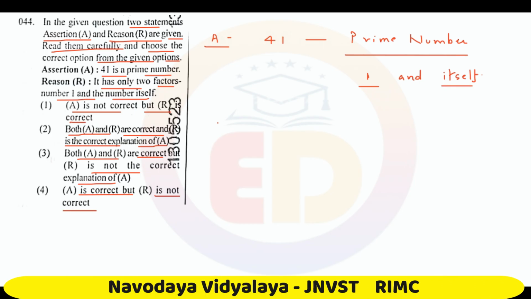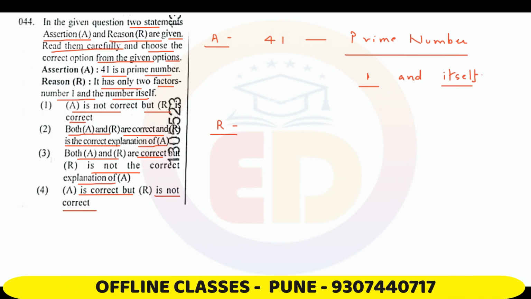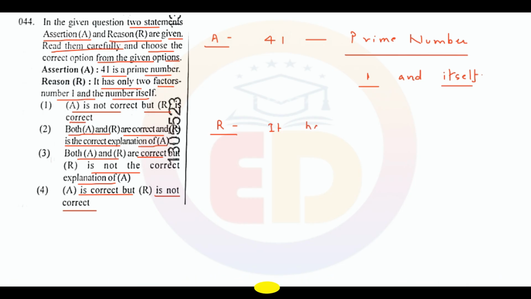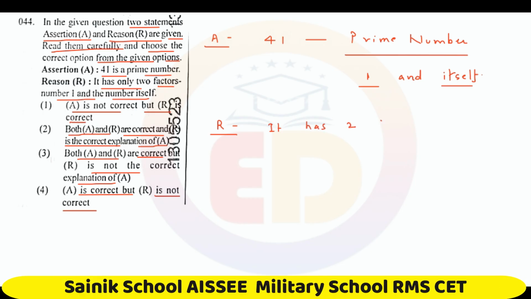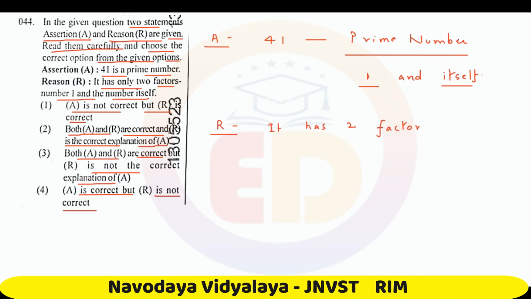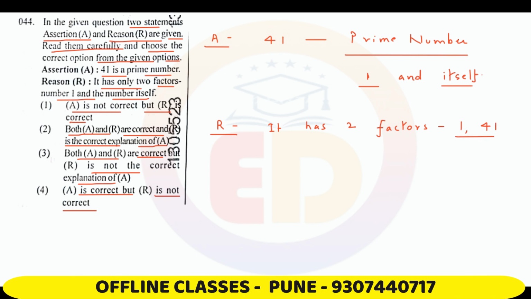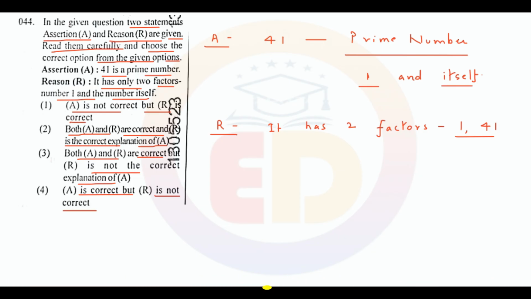And the second statement, the reason R, states the same thing. It has only two factors, and these two factors are 1 and the number itself. That is why it is a prime number. So our answer will be option number 2, which says both A and R are correct, and R is the correct explanation of A.